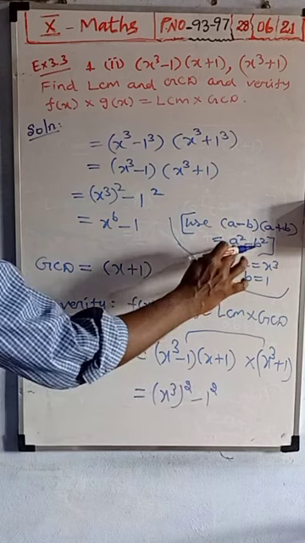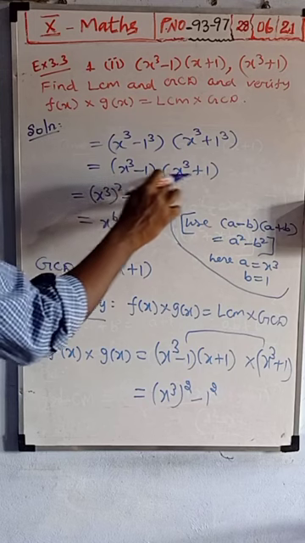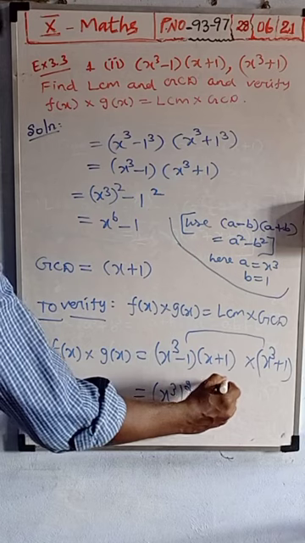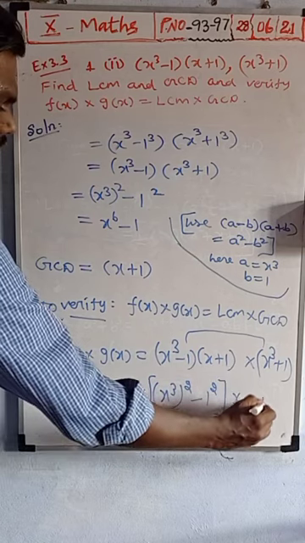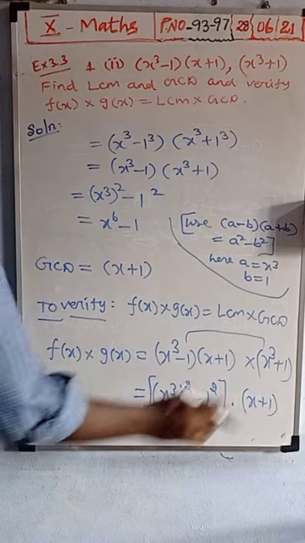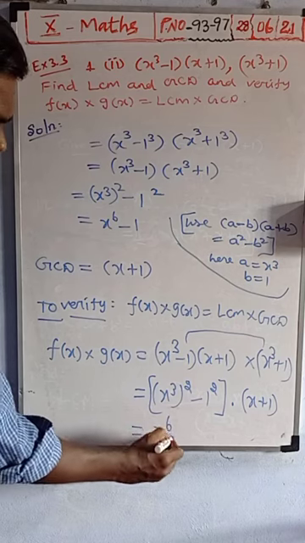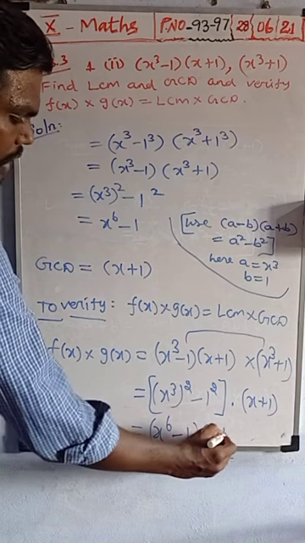This and this we can change into x cube to the whole square minus 1 square. I explained this before: a minus b, a plus b gives a square minus b square. Into one more x plus 1, that you should write. Now this is x power 6 minus 1 of x plus 1.